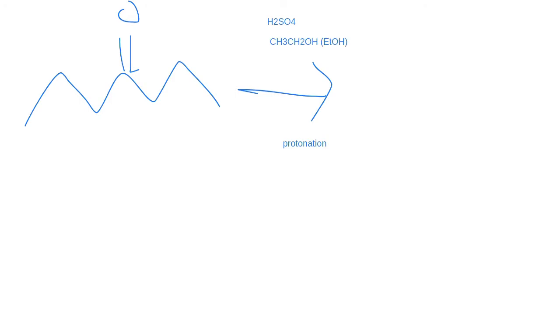What'll happen is that the alcohol will be protonated by sulfuric acid in solution. So we're going to get CH3CH2OH2, or simply EtOH2+.